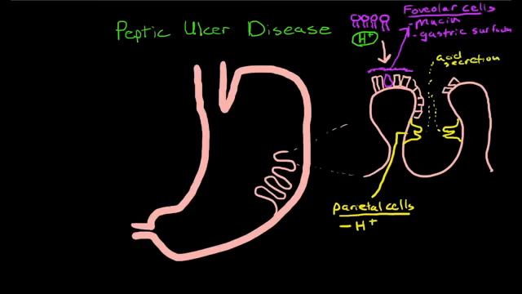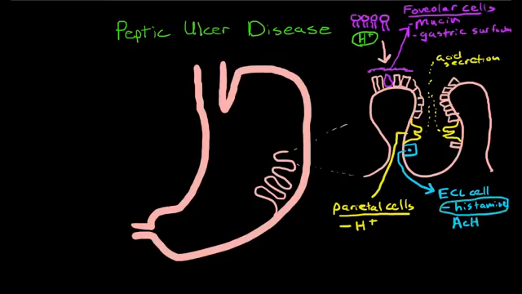Okay, so acid secretion. One interesting cell here is called the ECL cell, and this ECL cell produces histamine. It's stimulated by acetylcholine from the parasympathetic nervous system to release histamine, and then the histamine makes its way to the parietal cells to stimulate acid secretion.